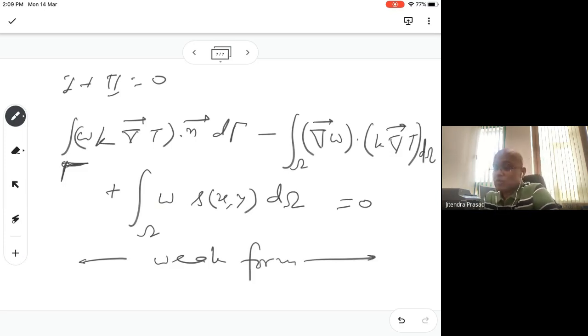Now we have to solve the problem. So this is the weak formulation.